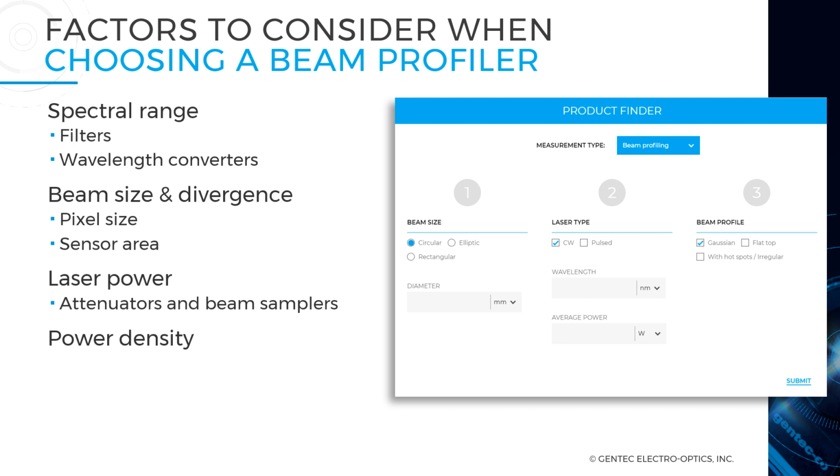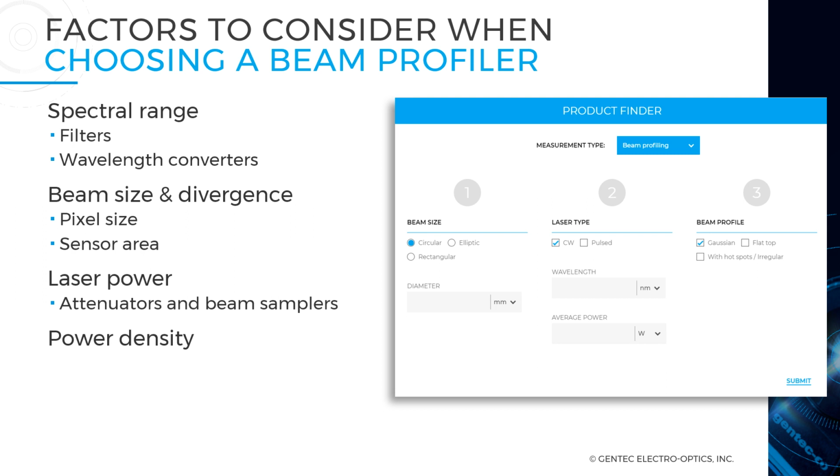Your camera's pixels must be small enough to get a good resolution, and your beam must fit within the sensor size. Beam profilers are very sensitive, so we also need to check on your laser power and power density and avoid both extremes, saturation or damage, and low power level that implies dealing with sensor noise.